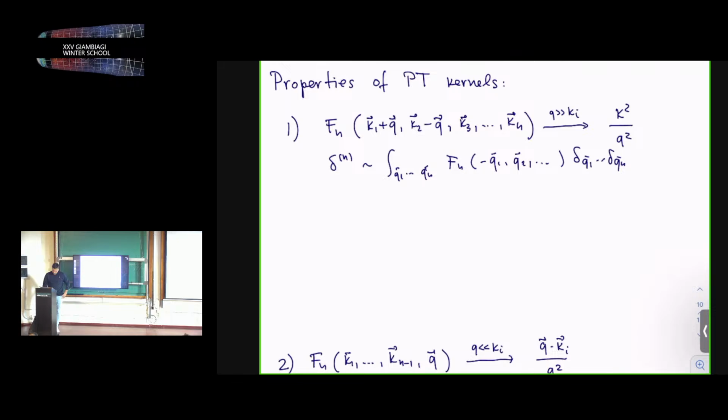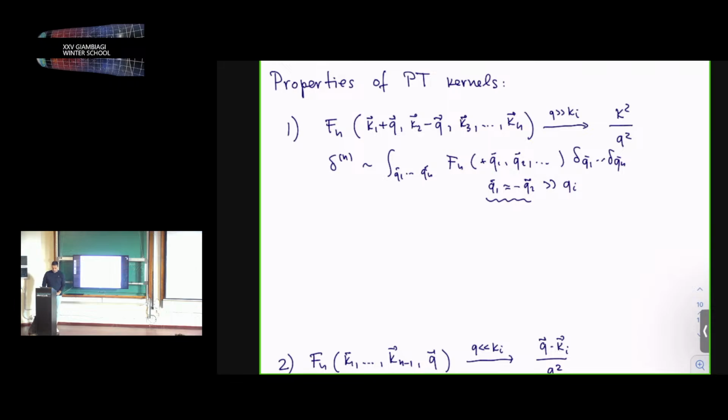So if Q1 is approximately minus Q2, and these are much bigger than any other Qs, we are really considering what happens when we have two Fourier modes. So you see we are convolving two Fourier modes which have very high wave numbers. So we are talking about Fourier modes which are fluctuations on very small scales, and we are wondering how these fluctuations from very small scales are affecting the long wavelength part of the solution, which has to do with this typical wave number k.